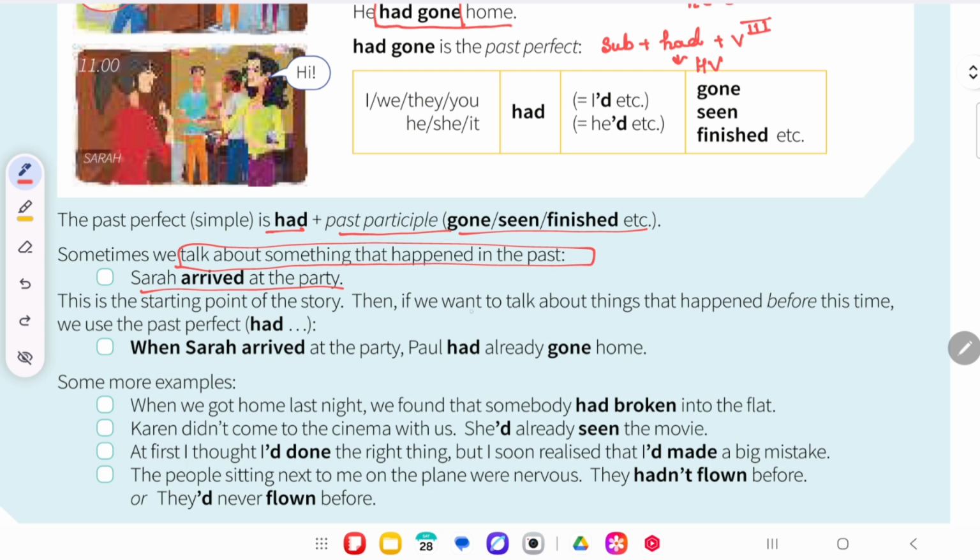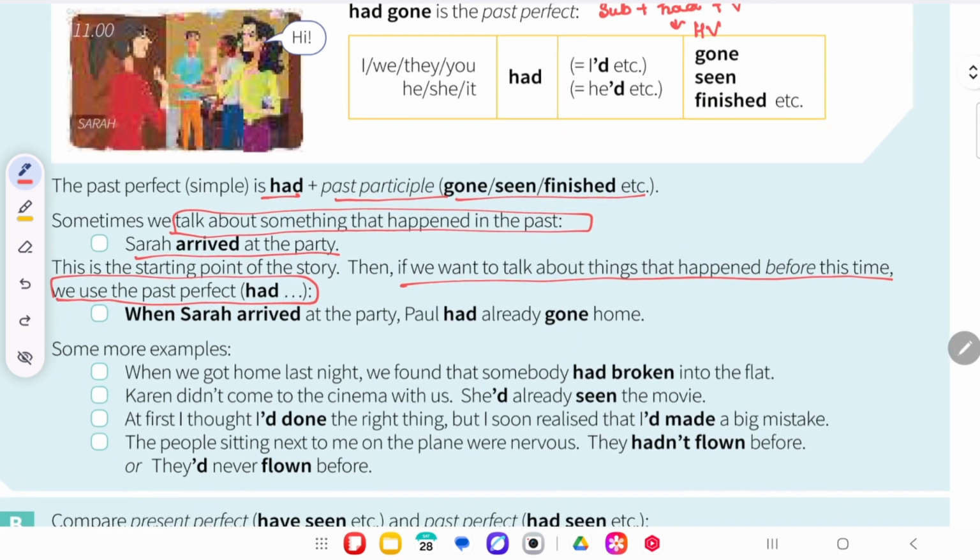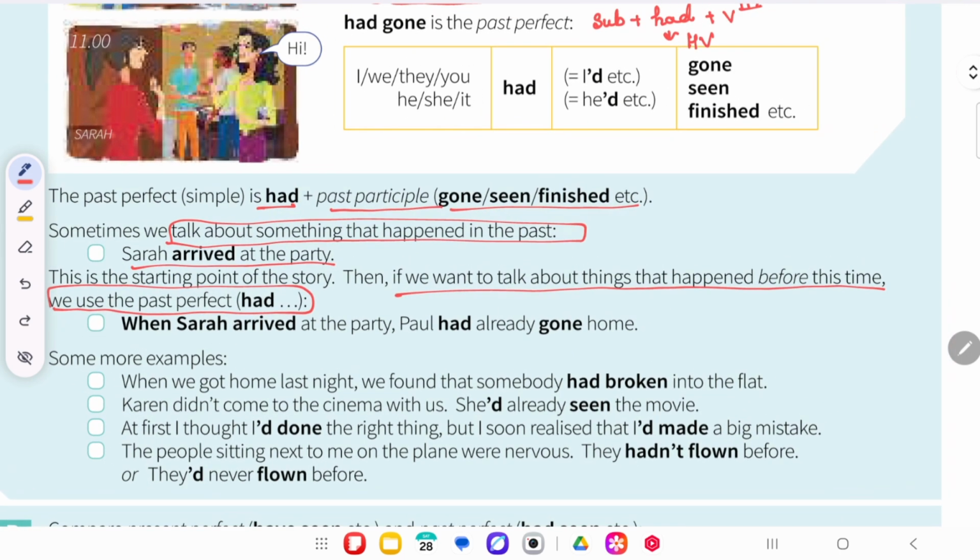Then if we want to talk about things that happened before this time, in the past, and if we talk about before that time, then we use past perfect. So when Sarah arrived at the party, Paul had already gone home.